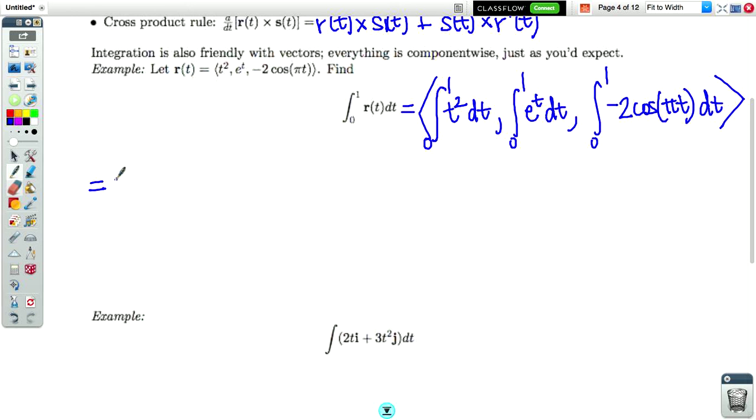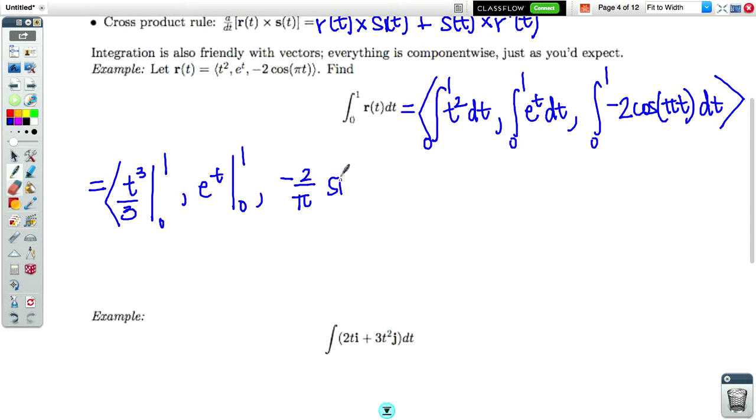So not too bad, which is always nice when this is sort of what you would expect it to be. When you get your final answer here, we're going to do t cubed over 3 evaluated from 0 to 1 as our first component, e to the t evaluated from 0 to 1 for our second component, and then -2 over pi sine of pi t evaluated from 0 to 1 for our third component.